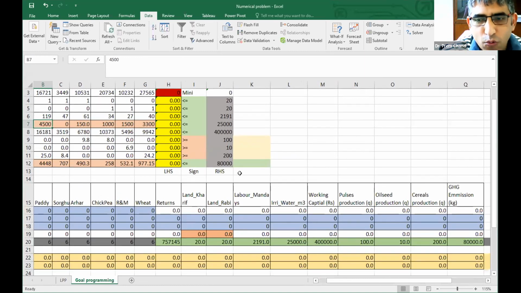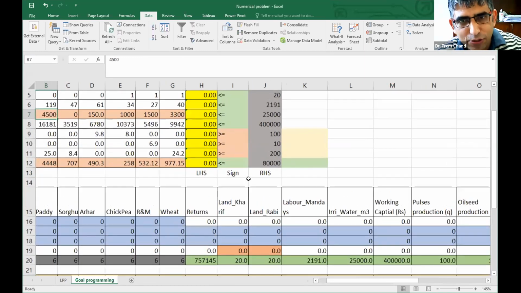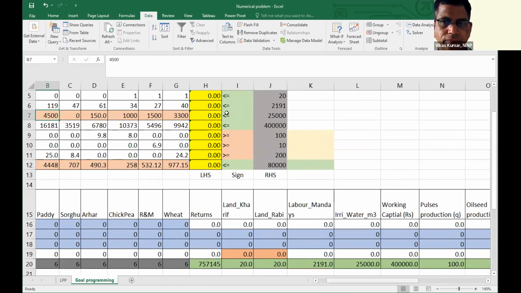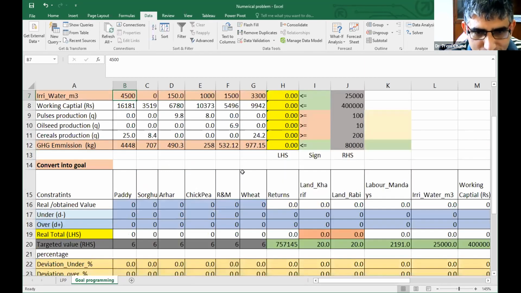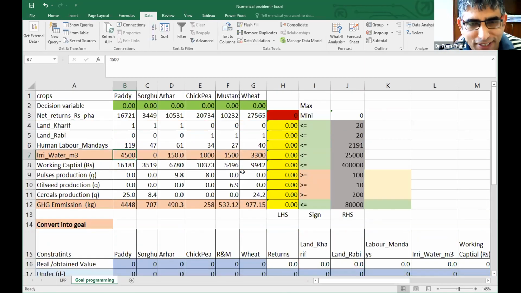I could demonstrate it here also, but I thought the sheet would become too lengthy and you wouldn't be able to see it. So I did these calculations below this LP so that if you try, you will understand. I have just added these 2 dimensions to the formulation of the LP problem.